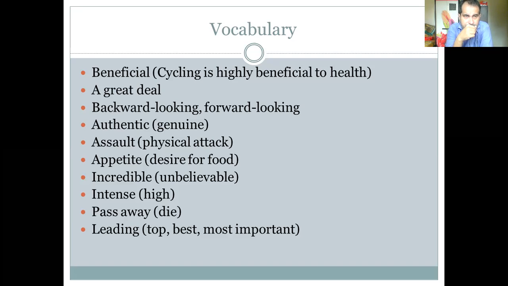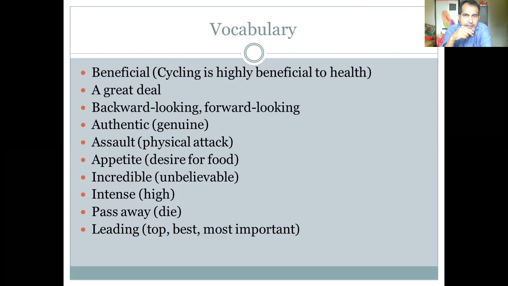Now the first word is beneficial, a very common word. I think many of you know this word, beneficial. This book is beneficial for me. Or whenever we say that cows are beneficial to us, that means very helpful for us. Beneficial means helpful.